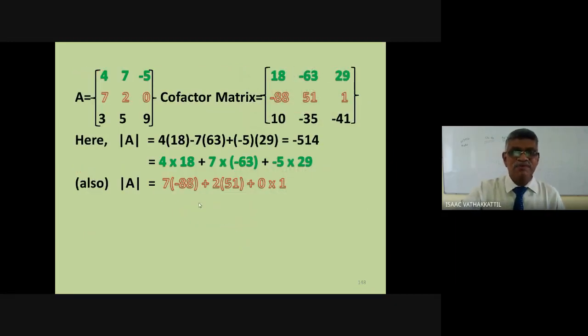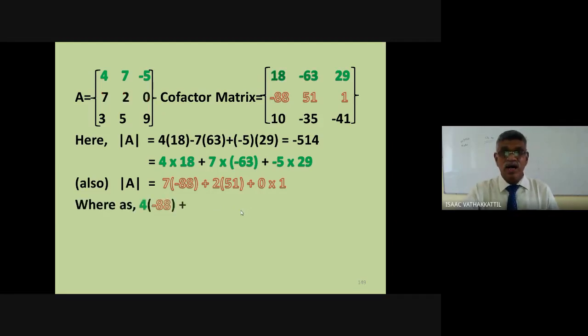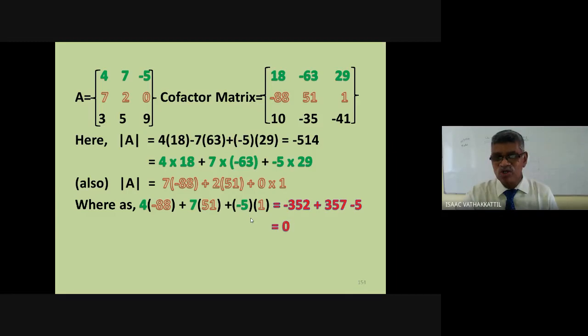Now let us take the elements from the first row and the cofactors from the second row. 4 into minus 88 plus 7 into 51 plus minus 5 into 1. You can easily see the value is going to be 0.